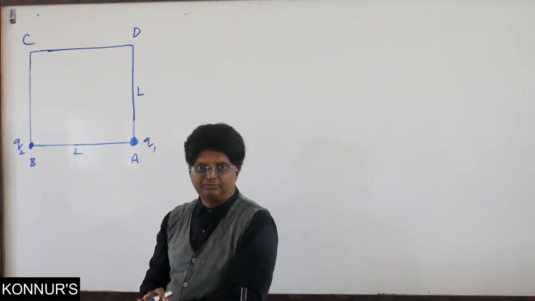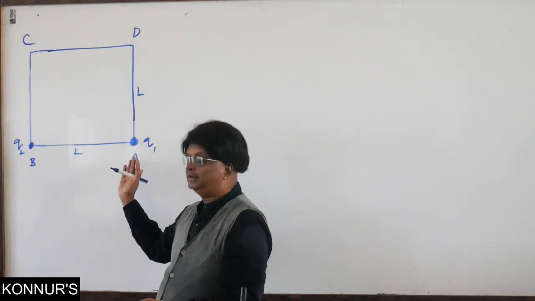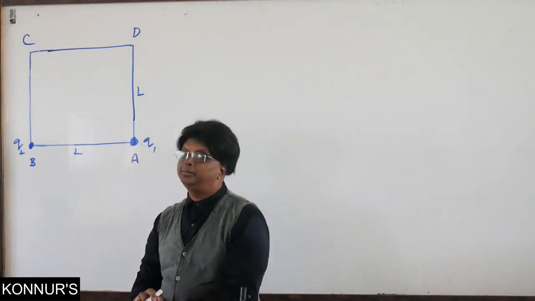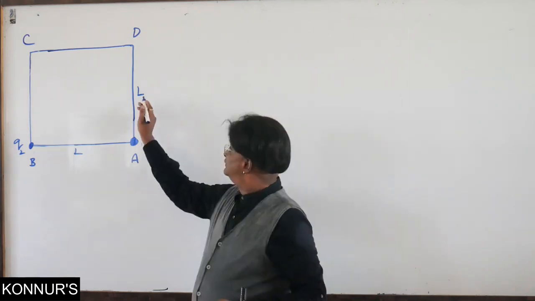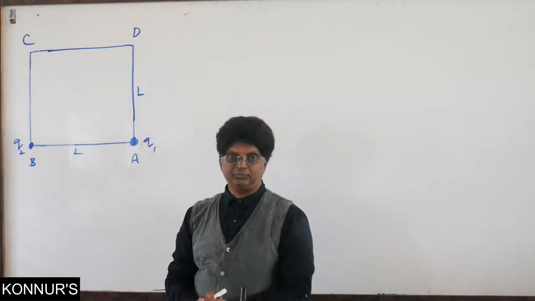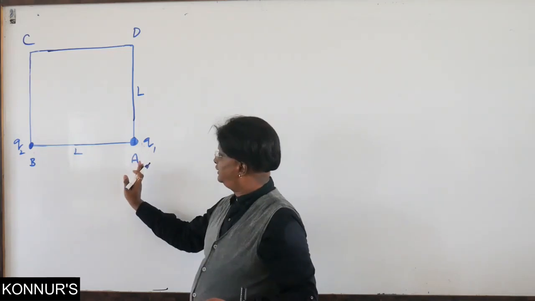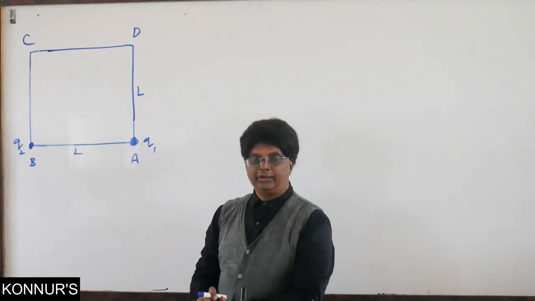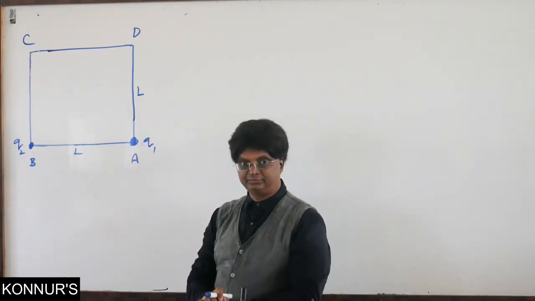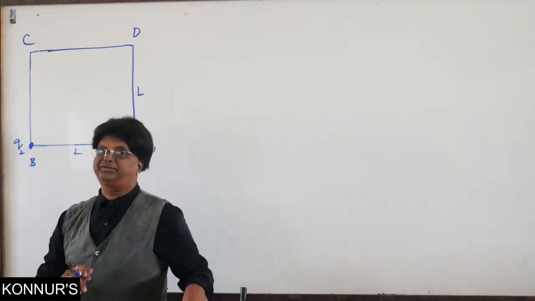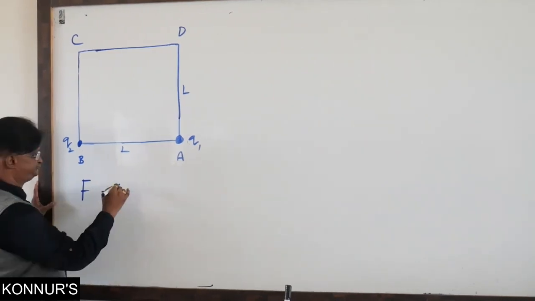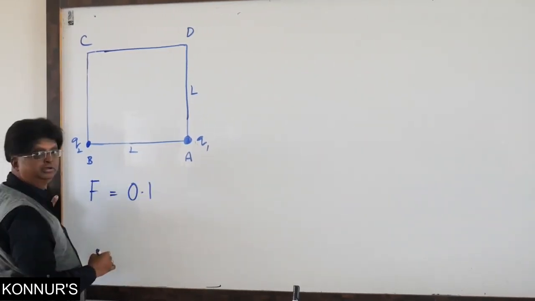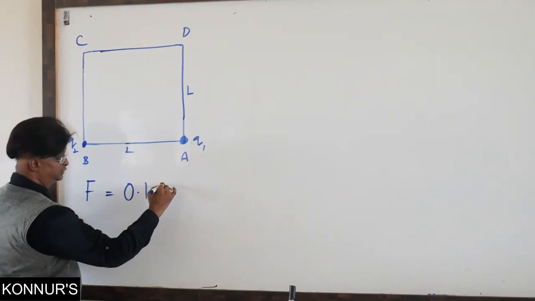Two charges are given, only two charges, Q1 and Q2, placed at the two corners A and B of a square ABCD of side L. So it is only two charges placed at A and B. Now the question is, the force between them is 0.1 Newton.